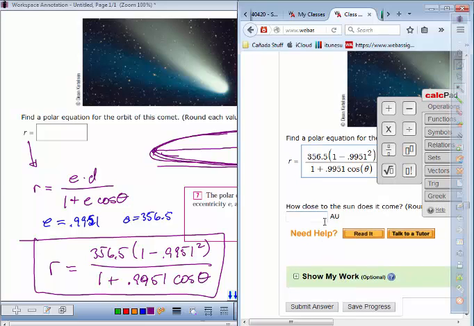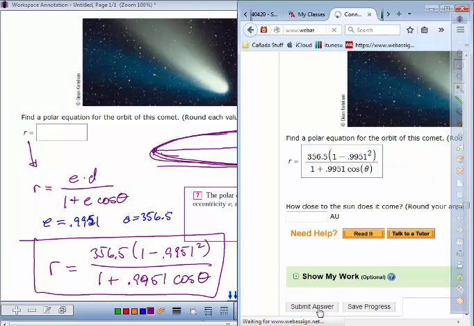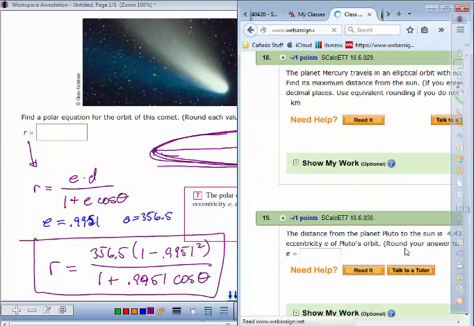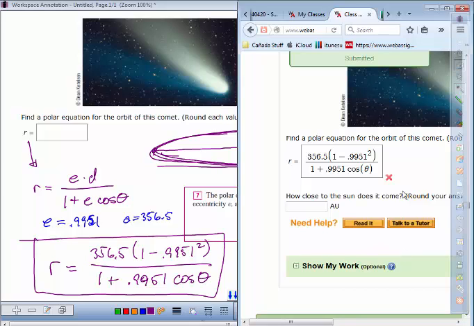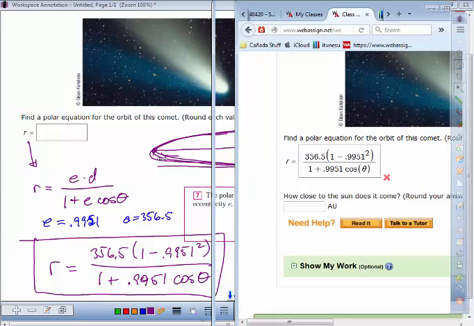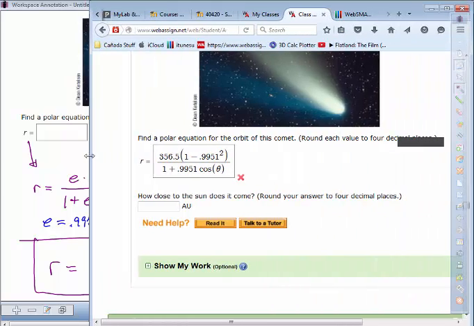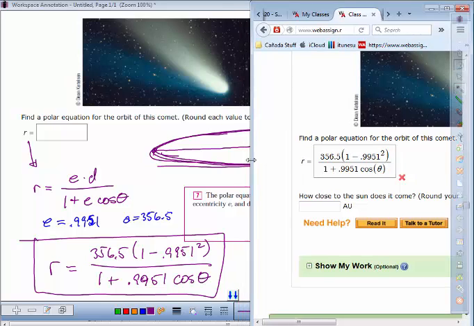Oh, they want to figure out how close does it come to the sun. Well, let's submit this first and see if it'll take it. Oh, bummer. This is round. Round each value to 4 decimal places.